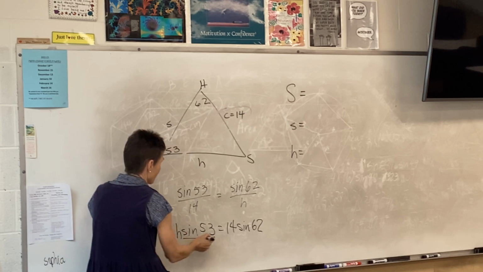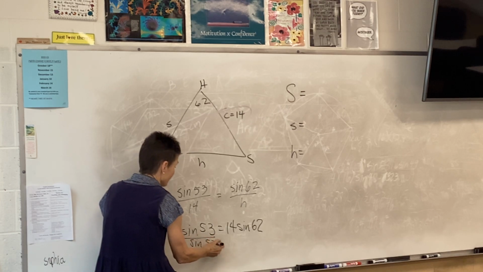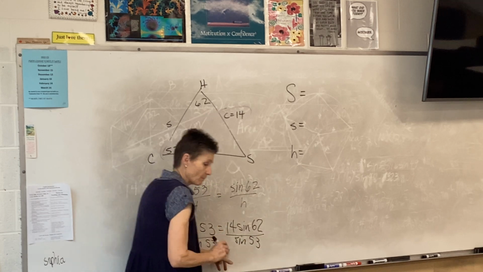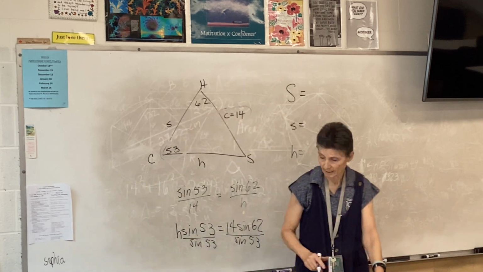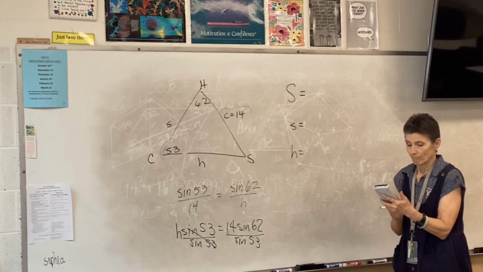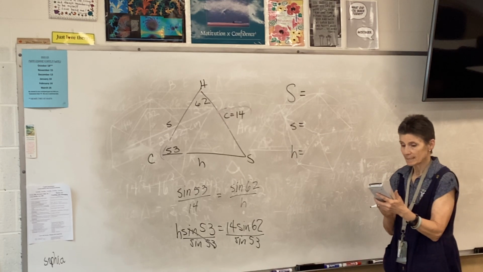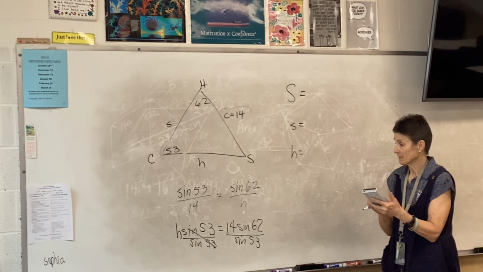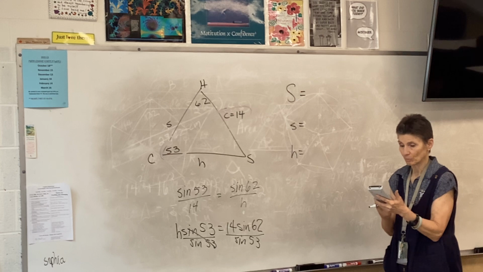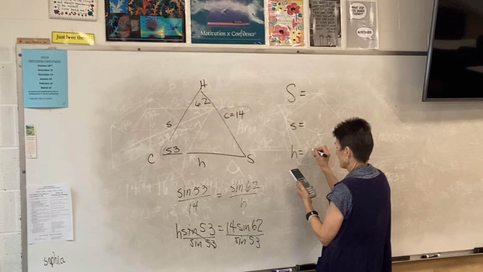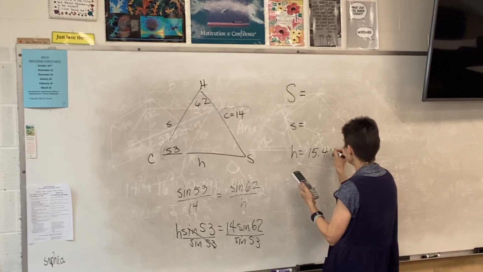Solving for h, so I'm going to divide by sine 53. And that right there is what I'm going to type into my calculator: 14 sine 62 close parentheses divided by sine 53. Side h is 15.48.